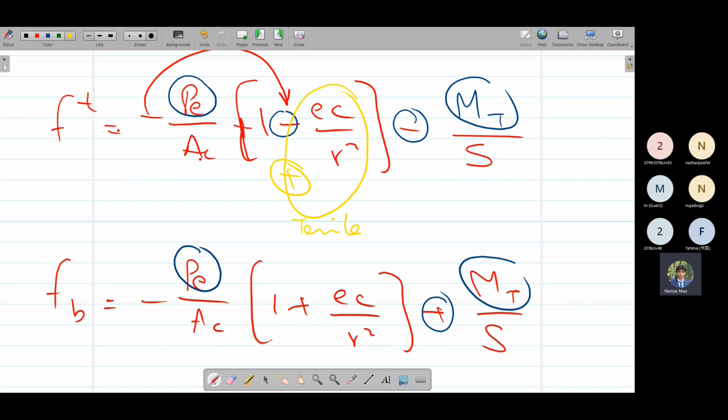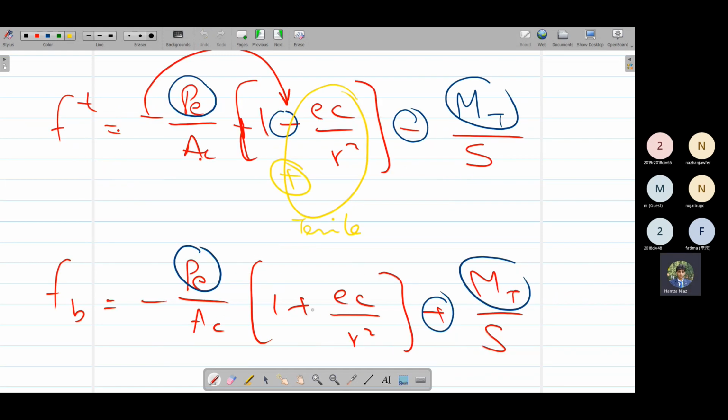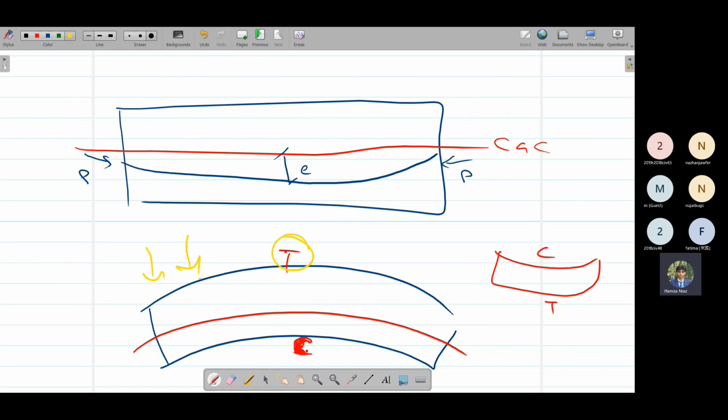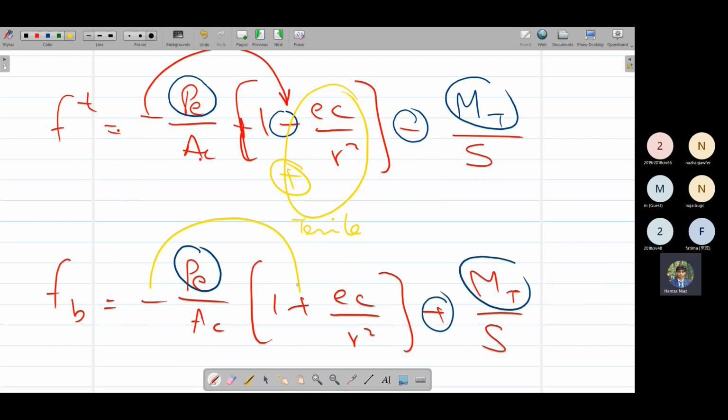This is tensile force at the top. And similarly, this one becomes compression because due to superimposed dead load, it becomes a little bit sagging. So compression at top and tension at bottom. So minus into plus, this was minus, and this is compression.